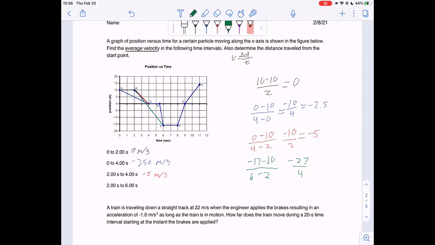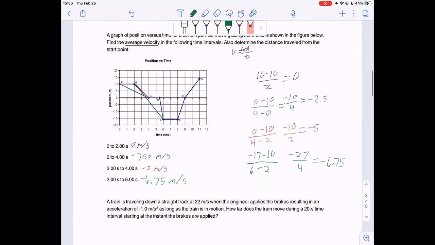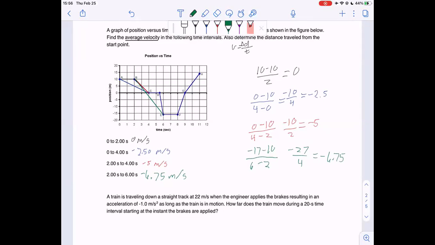Giving us the velocity of what? 6.75. Any questions there? Okay.